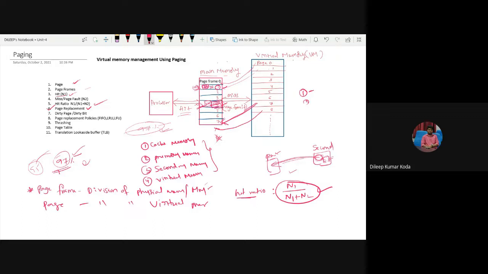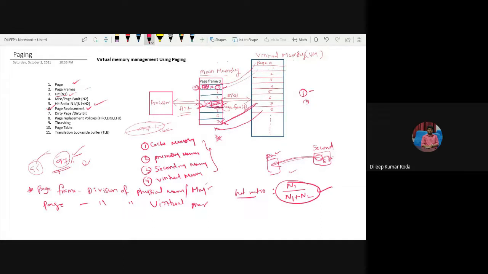Let's come to a real-time example. For example, I have opened 4 windows in my laptop: one Google Chrome page, one Word file, one Excel file. I have minimized Google Chrome and I'm working on the Excel sheet. Now, the Word file and Google Chrome are both idle.